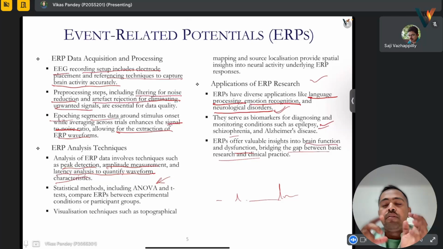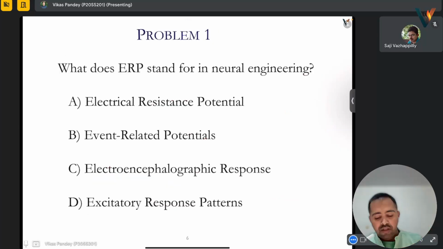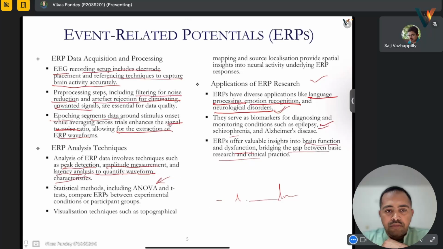Right? So what is the primary purpose of pre-processing in ERP analysis? Enhancing signal amplitude, filtering out non-neural responses, increasing electrode conductivity, or customizing stimulus pattern?